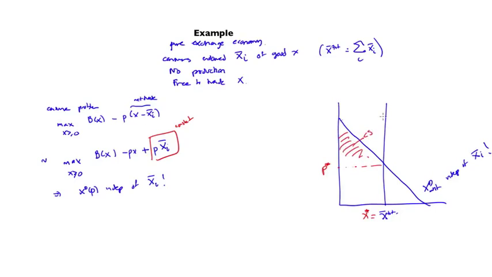Now, the key thing that we have learned is that the equilibrium is independent of the distribution. It depends on the total. If there are more units, the price will go down, but it doesn't depend on who owns them. Let me emphasize a couple of things.